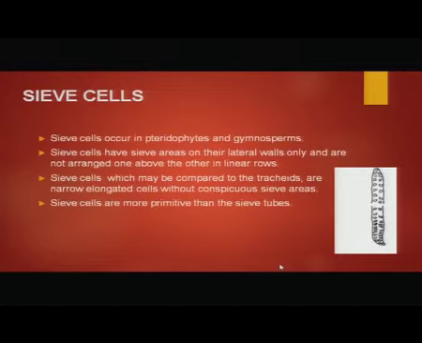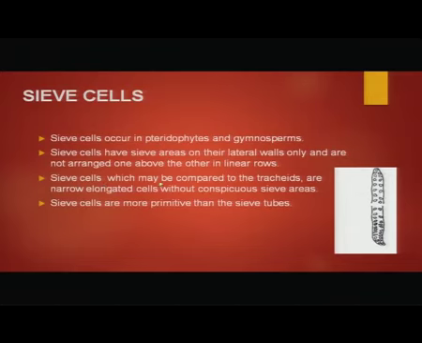So, just I had said that sieve elements are of 2 types, sieve cells and sieve tubes. Let us talk about sieve cells. They occur in pteridophytes and gymnosperms only. They have sieve areas on their lateral walls only and are not arranged one above the other in linear rows.